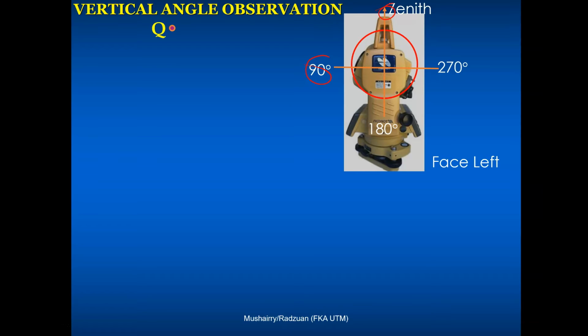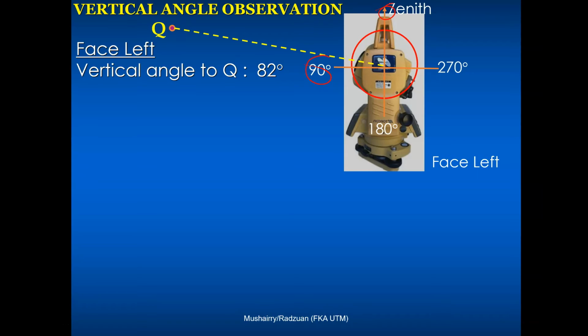If I have a point Q, which is a bit higher than the instrument, and the total station gives me a reading of 82 degrees, that means my angle is actually 8 degrees elevation.